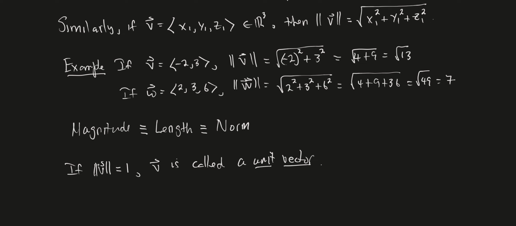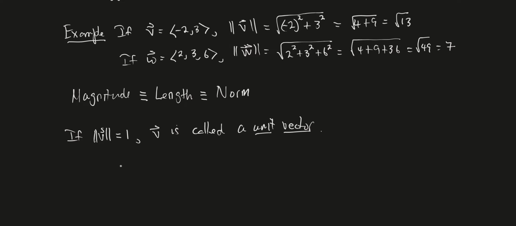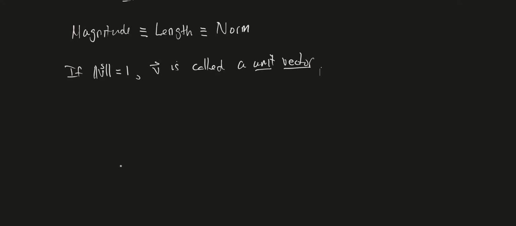Now, there are lots of vectors that have a magnitude of 1, but there are some really special ones that allow us to represent vectors in a slightly different way. So let's start in R2. There are two what we call standard or basis vectors in R2. So here we are in R2.